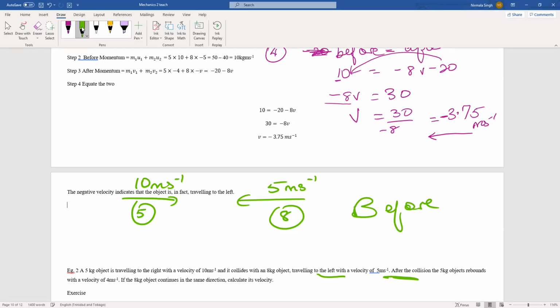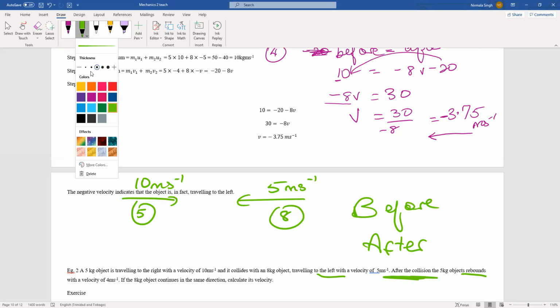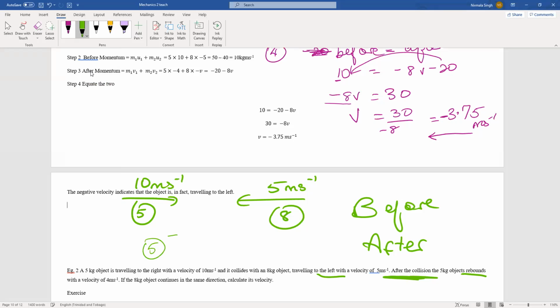After the collision, if you look at the after diagram, the 5 kilogram object rebounds. Rebounds means to bounce back, as we've just done in a lab. So the 5 kilogram object is now going to rebound and move at 4 meters per second, while the 8 kilogram object travels in the same direction, and we want to work out its velocity.